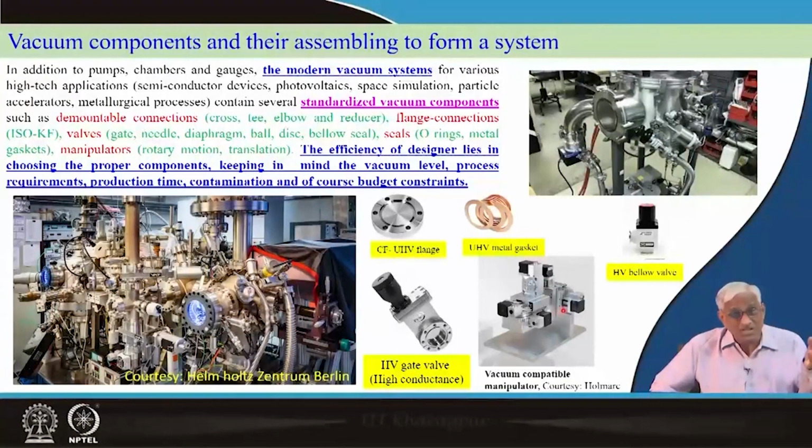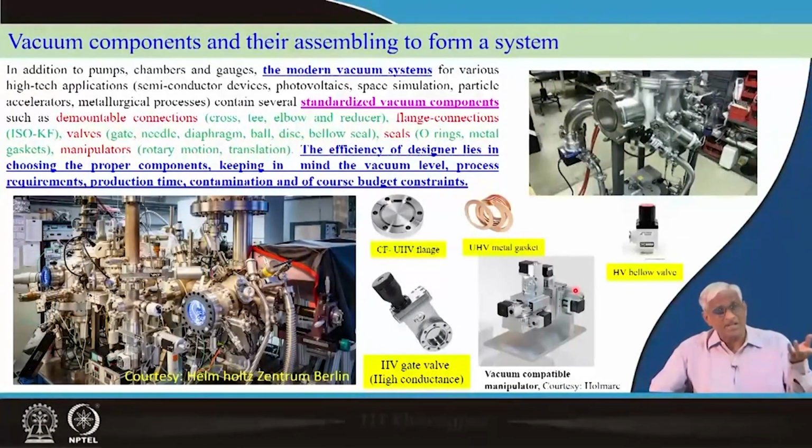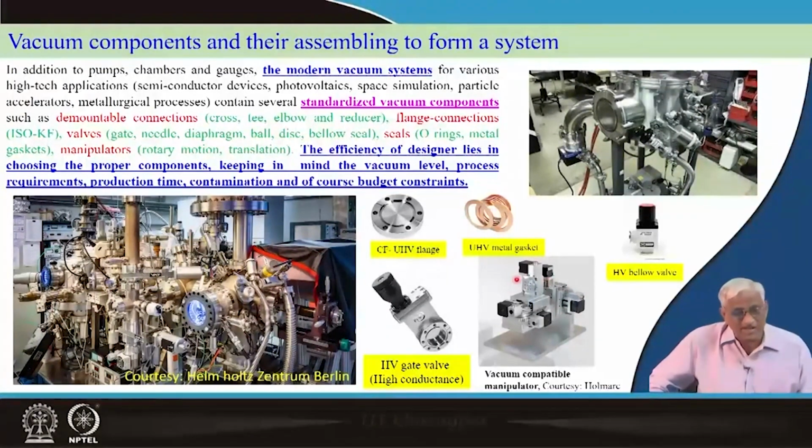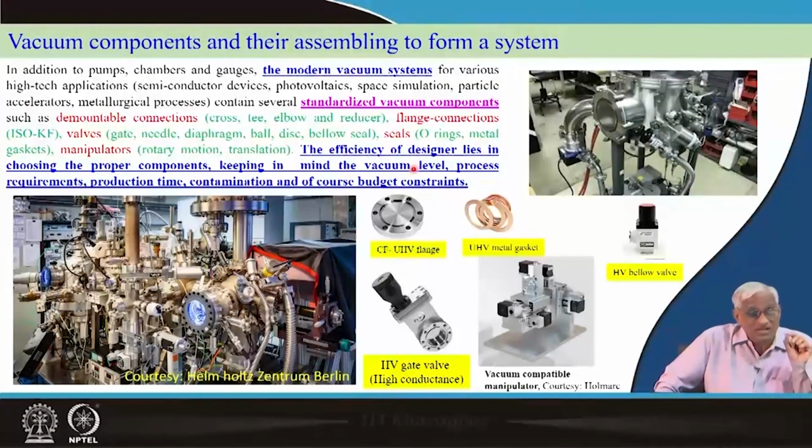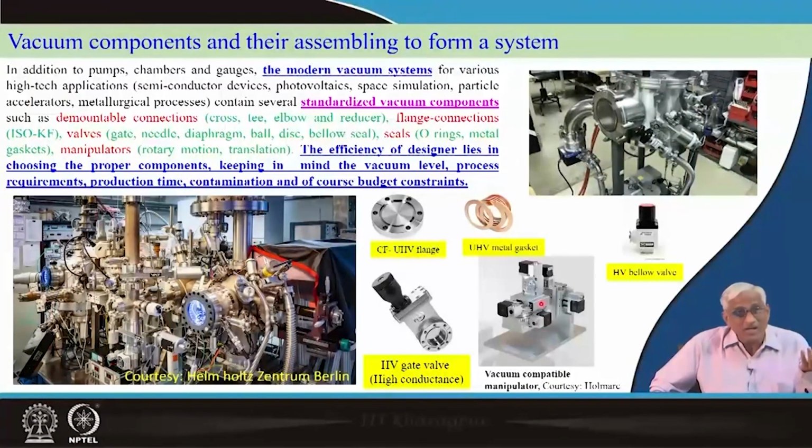Unnecessarily you should not purchase a costly manipulator, you require X, Y only, you do not require X, Y, Z and tilt and rotation. So, the purchase decision has to be made by the designer, and purchase from a good company. Otherwise, after getting here, the bellow will crack. Instead of producing a manipulation action, it will produce a leaking action.